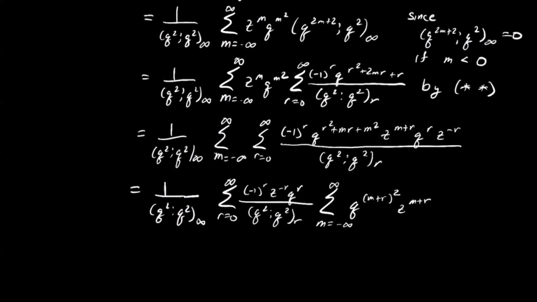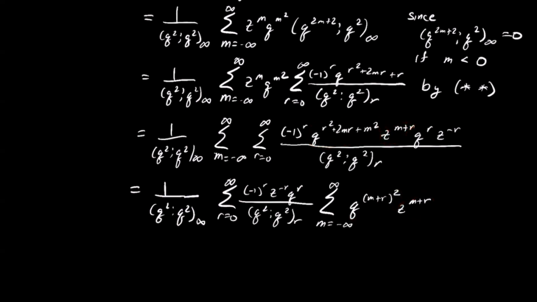Notice that this exponent, q to the r squared plus mr plus m squared, and there's a typo up there, this should be plus 2mr, so let's correct that. Good thing we caught that, plus 2mr. This expression right here becomes q to the (m plus r) squared, right? And our z to the m plus r stays z to the m plus r here.